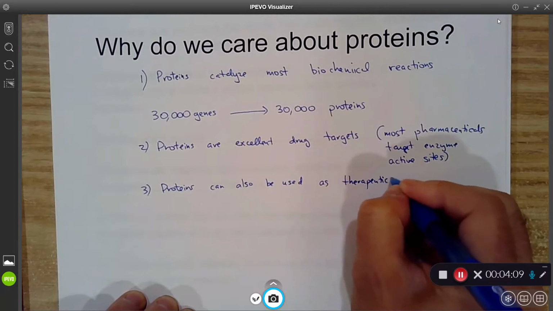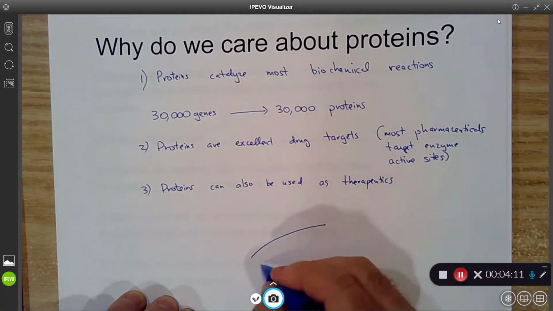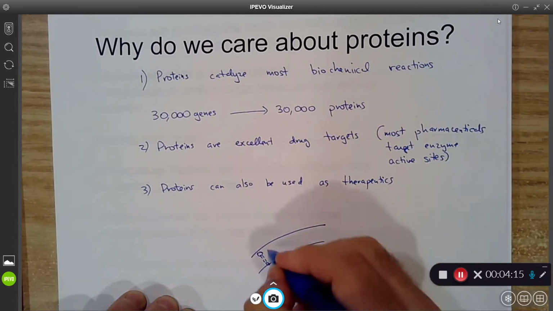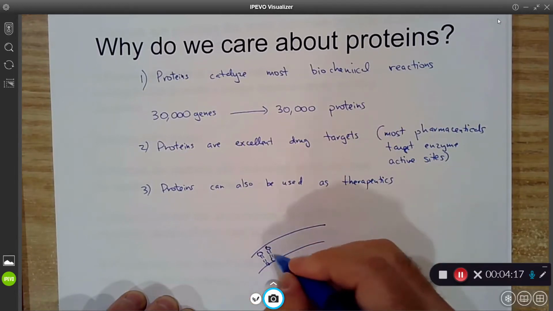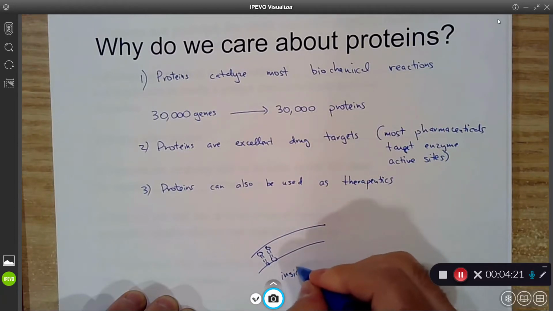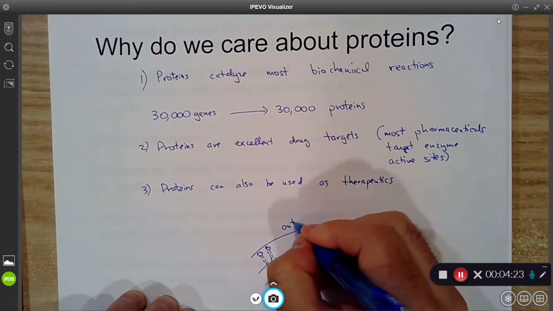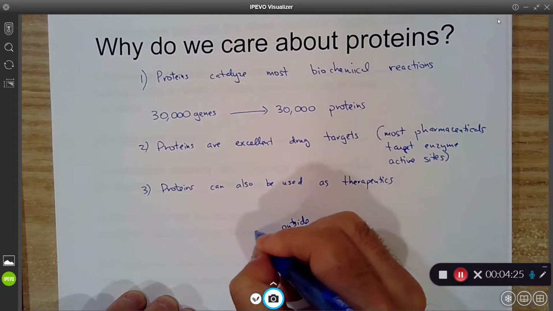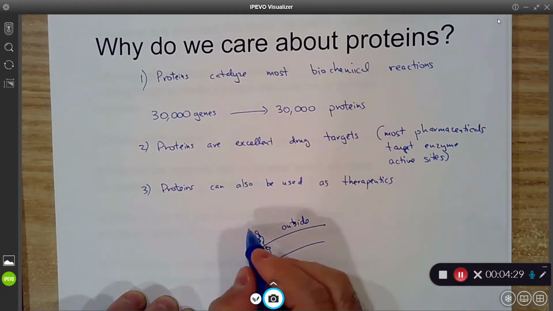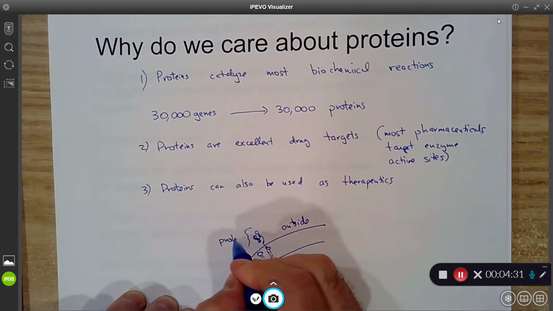Okay, so I'll just highlight one very, very brief example. Here would be your cell membrane, and on the outer surface, this is inside of the cell, this is outside of the cell. Some cancer cells express various proteins on the outer surface. So this is a specific protein.